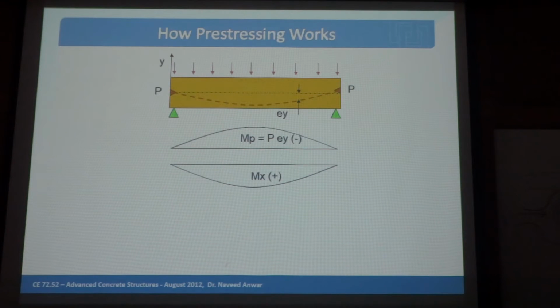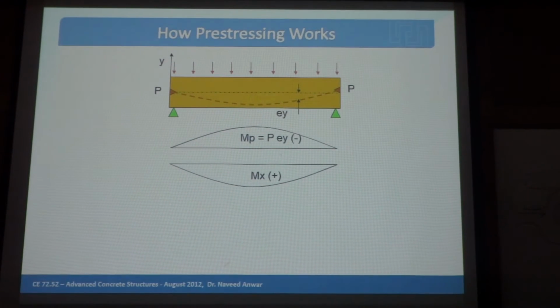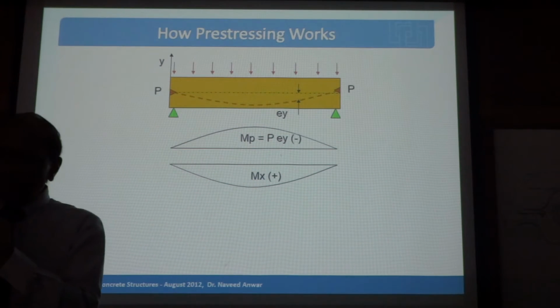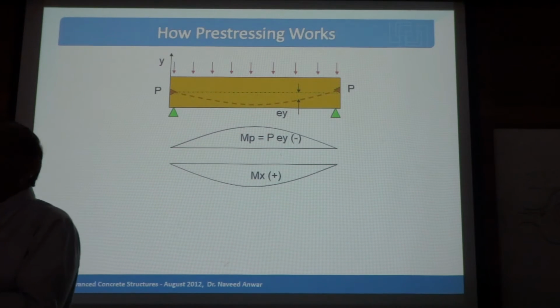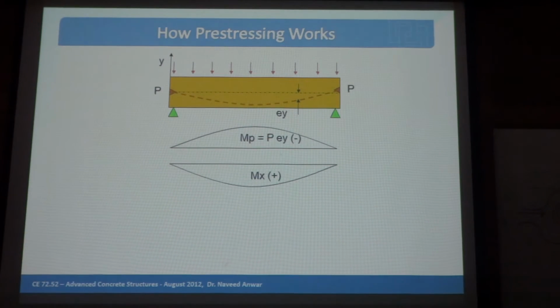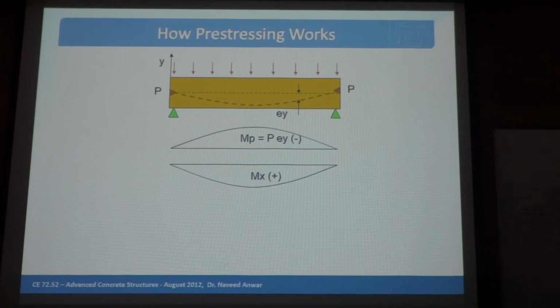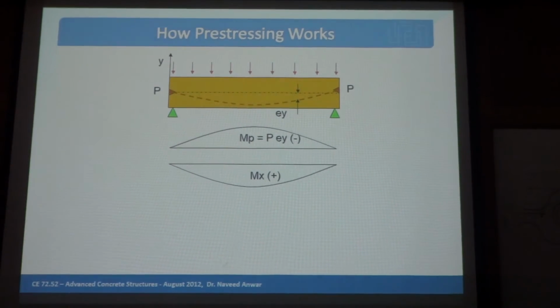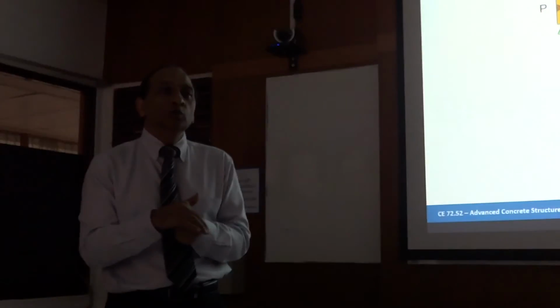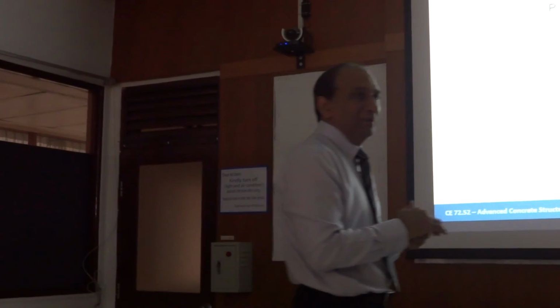And the remaining live load and dead load, what happens to them then? Two things. We allow a little bit of tension, because concrete can take some tension, and we put some reinforcement to take care of that extra remaining load, which is very small, which leads us to partially pre-stressed beams.